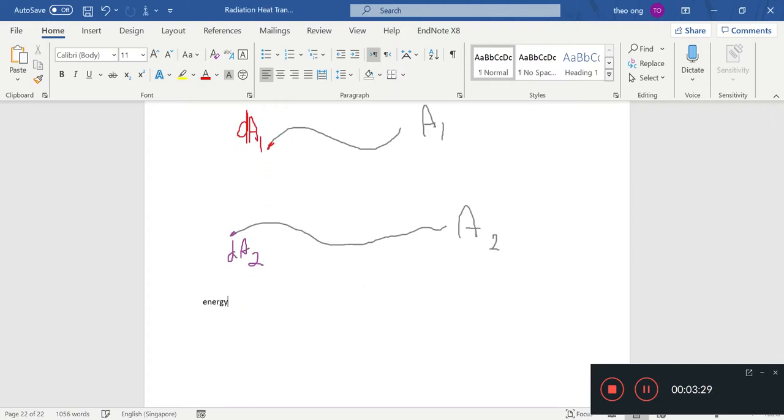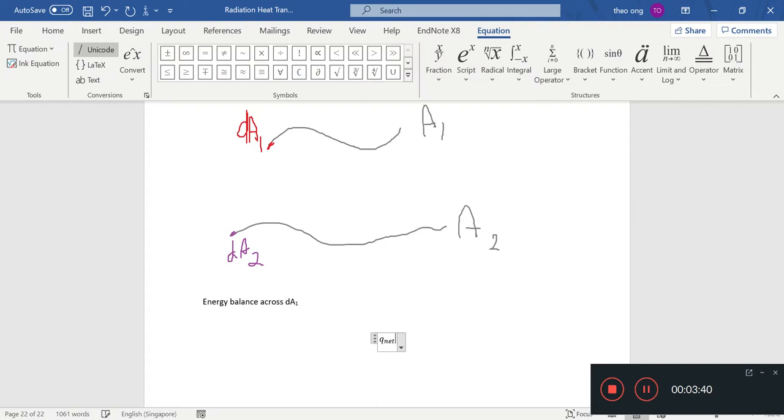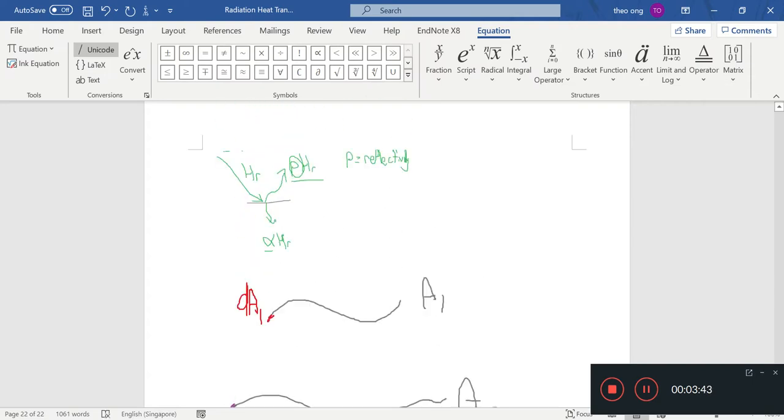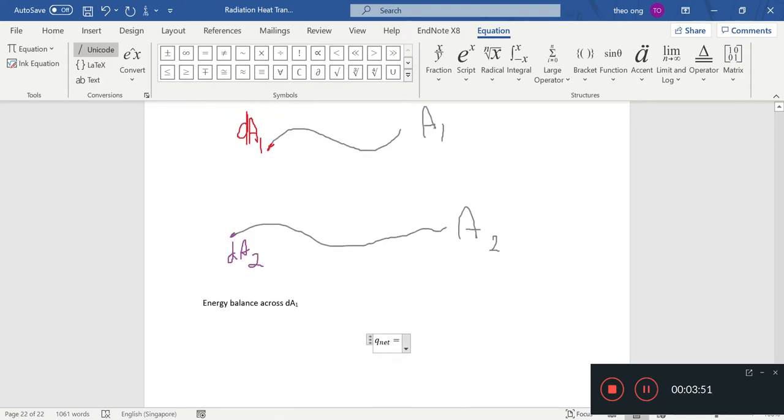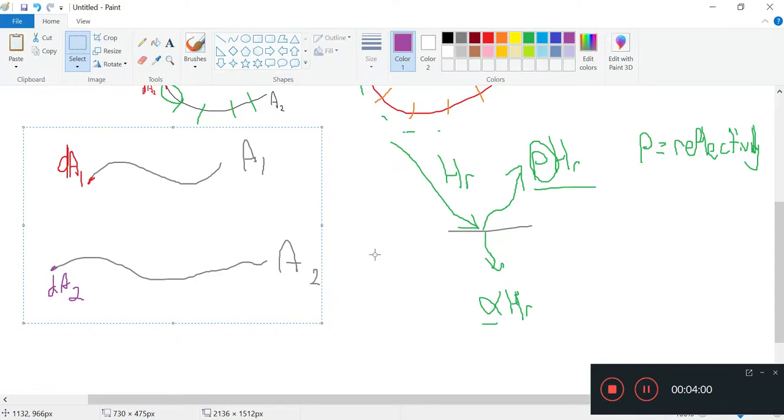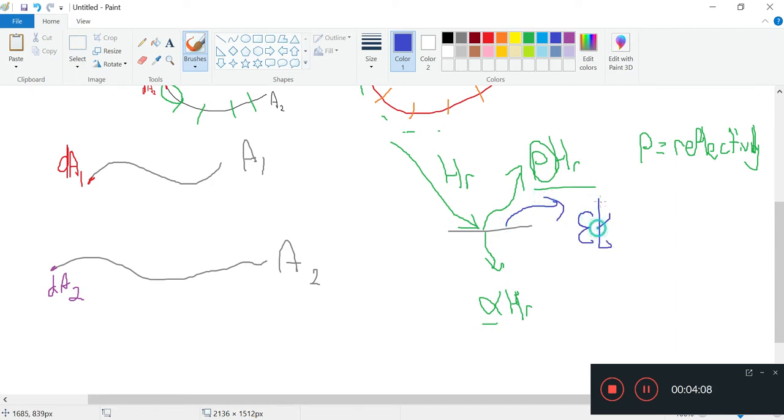We want to do an energy balance across the A1. What is the net heat coming off the thing? According to this diagram, what's coming off is the emissivity times EB, because there will be some heat that's being radiated off.